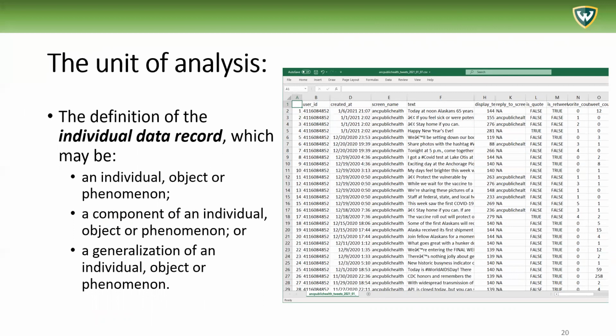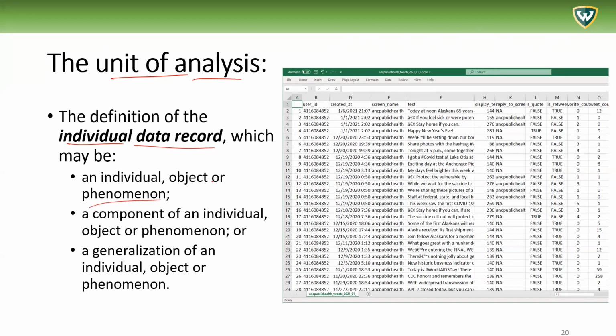The unit of analysis. I'm just going to emphasize this point here, maybe a repetition, but because it is so basic, I wanted to make sure that we understand the unit of analysis. The unit of analysis is the level at which the individual data record is being recorded. This may be an individual, an object, or a phenomenon.